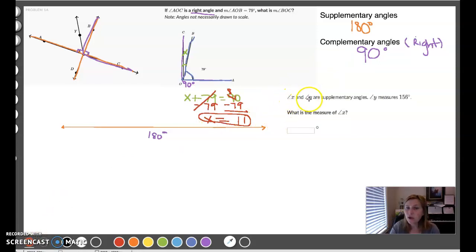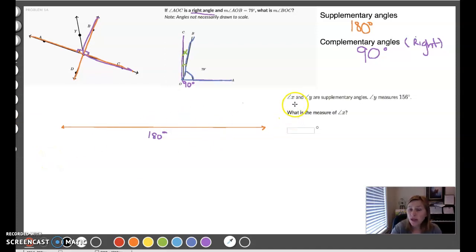It will look something like this. Angle X and angle Y are supplementary angles. So they're going to talk about these angles right here. Now remember, supplementary means a straight line. We complement the right, and supplementary means that they sum to 180.